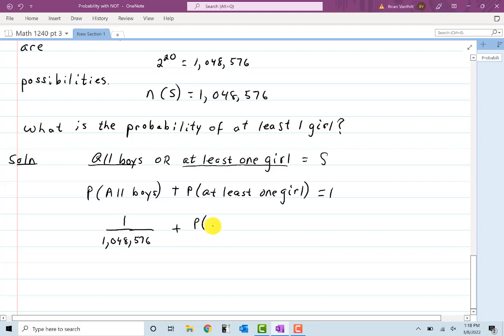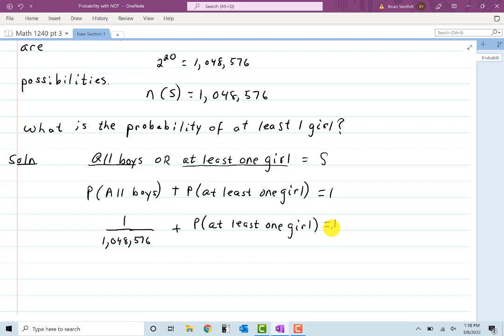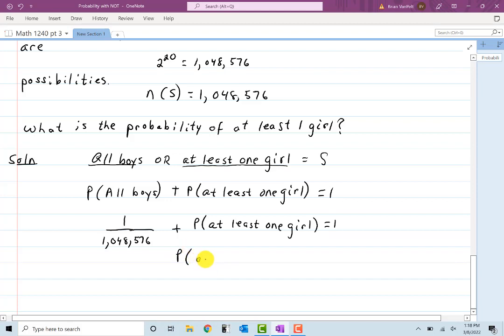The probability that I'm looking for is this one here. So I can subtract the 1 over 1,048,576 and get the probability of at least one girl equals 1 minus 1 over 1,048,576.